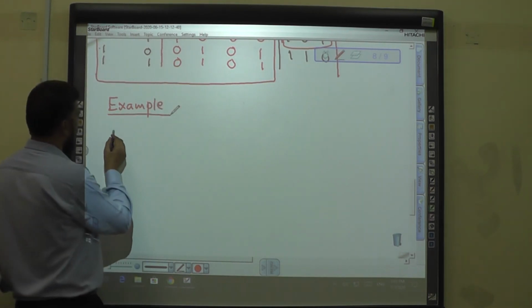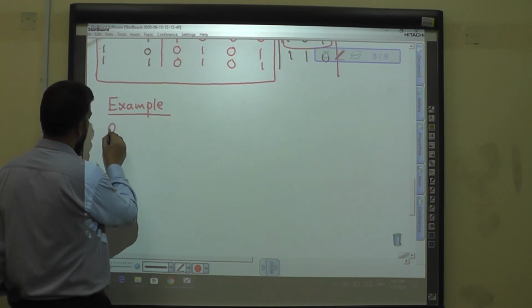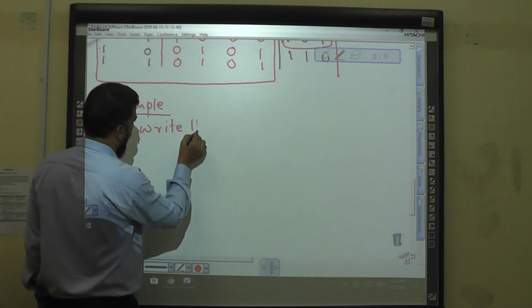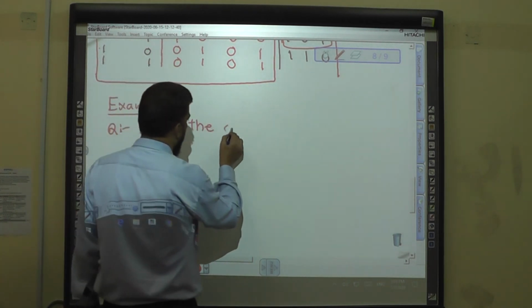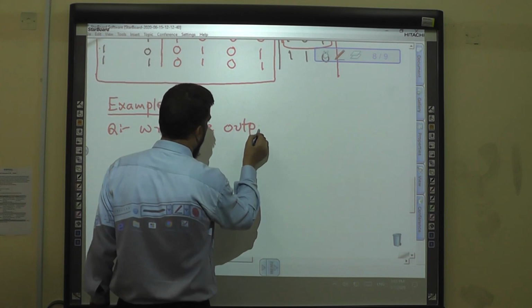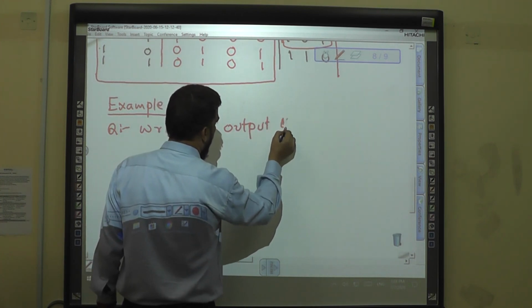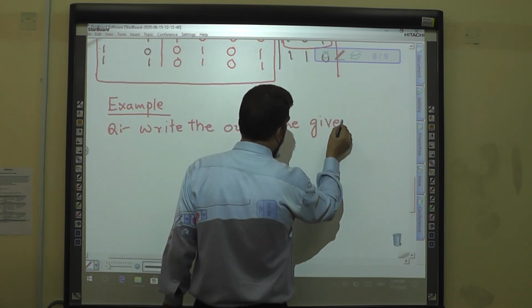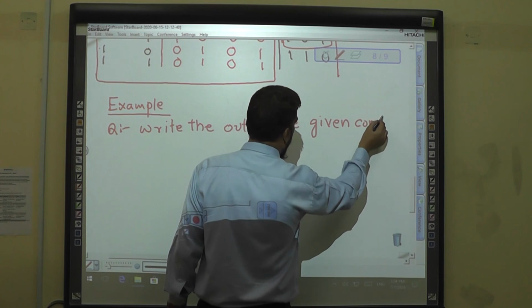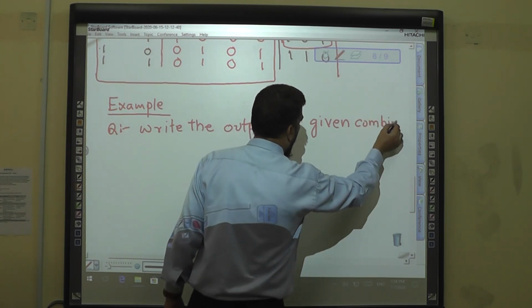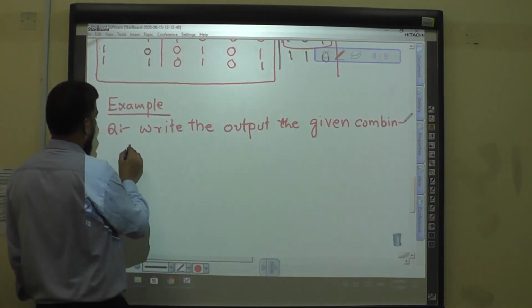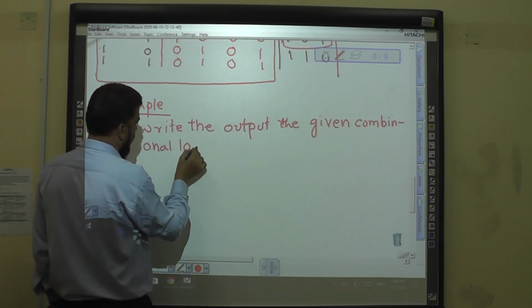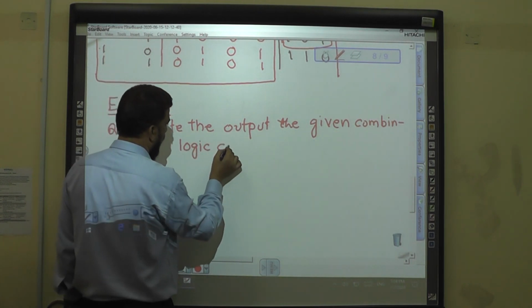Example question: write the outputs of the given combinational logic circuit.